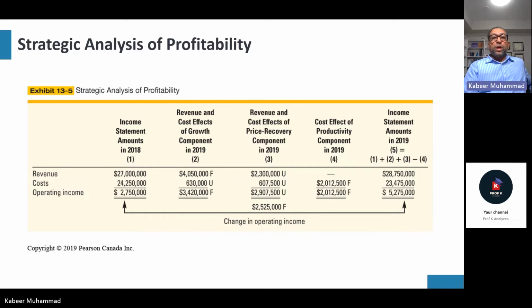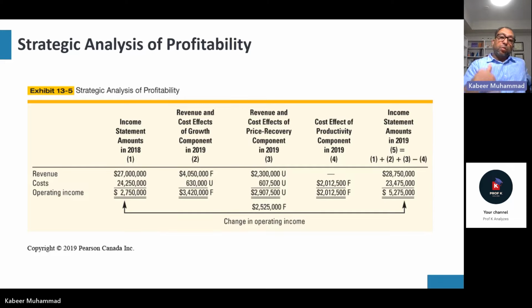Then the price recovery component is unfavorable for both the revenue and the cost, and overall it is unfavorable by 2.907 million. For productivity growth, there is no revenue factor, but it is a favorable component. When we add up this favorable with the favorable revenue growth and the unfavorable price recovery component, ultimately we get the result, which equals the change.